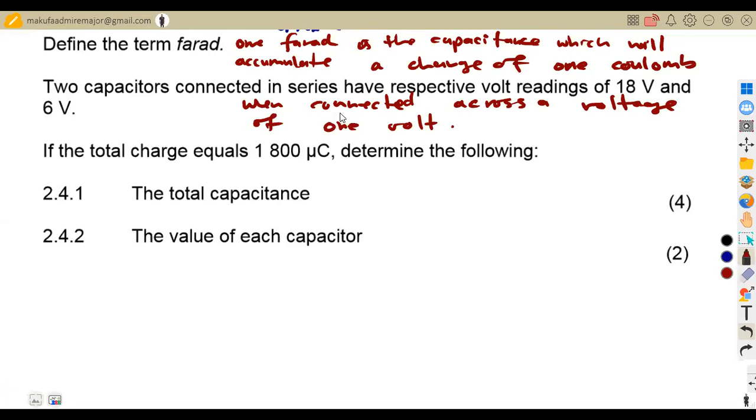So you can simply define it in this way, but this is simply the unit of measurement of capacitance, all right?